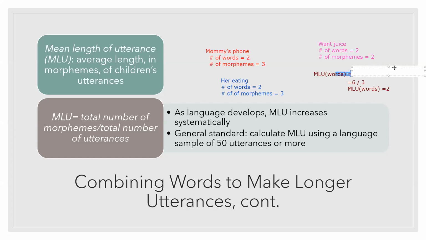So now we want to figure out MLU in morphemes. So now we have 3 plus 3 plus 2, which equals 8.